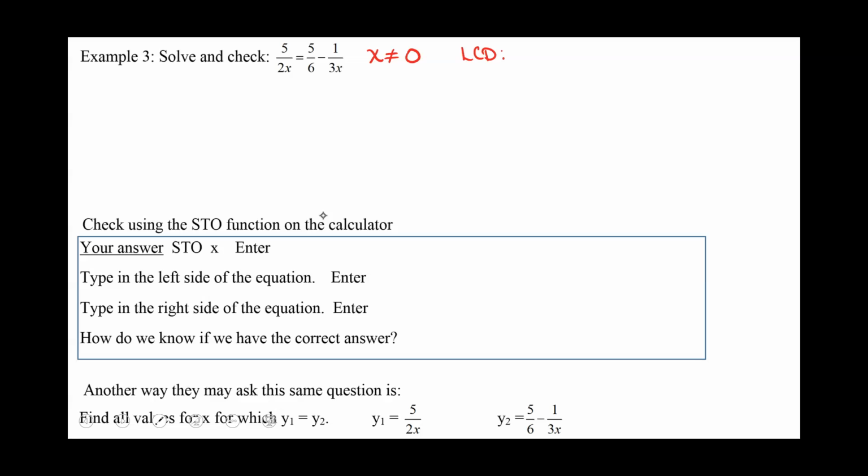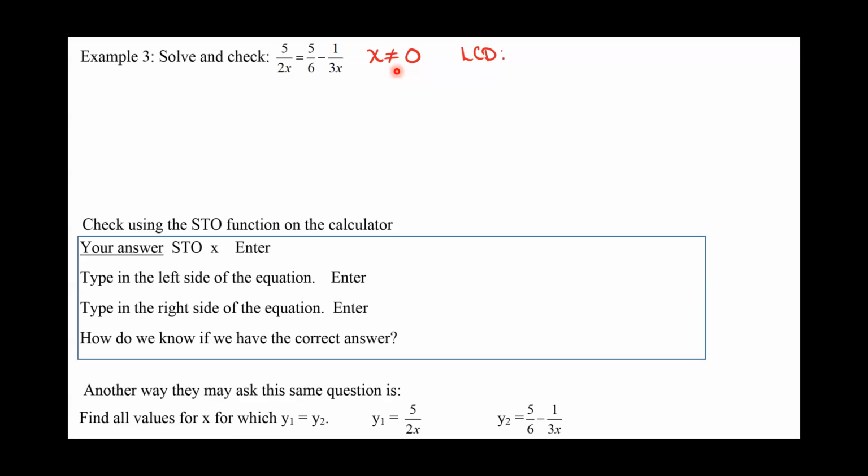So when we look at example number 3, you can see if we look at our denominators that x cannot be equal to 0, because if x was 0, then my whole denominator would be 0. So I'm going to go ahead and just remind myself of that as a stipulation before I begin. So if I were to get 0 as an answer, I would know to exclude that.